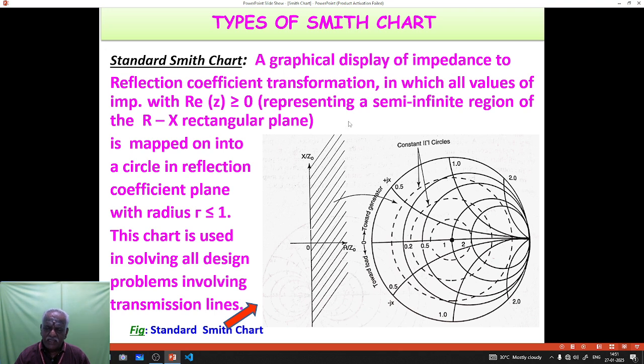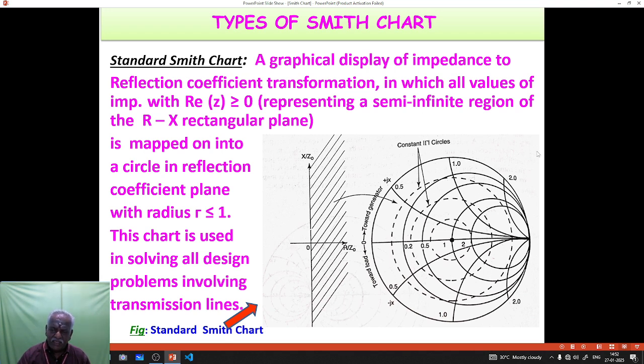What is the standard Smith chart? The real part of the impedance, that is the resistance part, in the semi-infinite region, and the imaginary part in full are mapped on a one-to-one basis into the reflection coefficient plane. So this is gamma r equal to 1 here. We can see here that constant r circles are superimposed on the constant x circles.